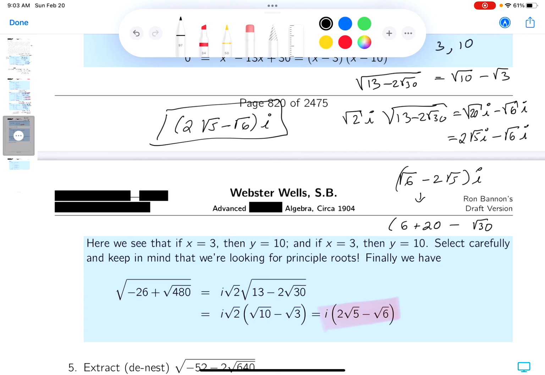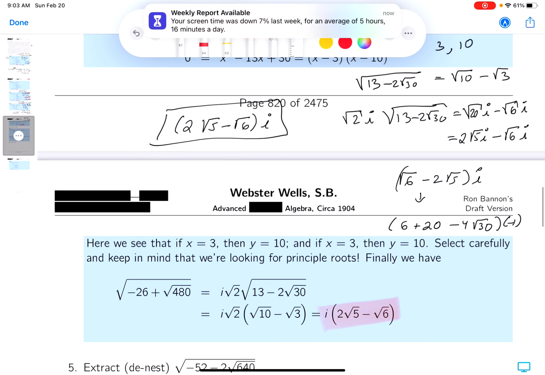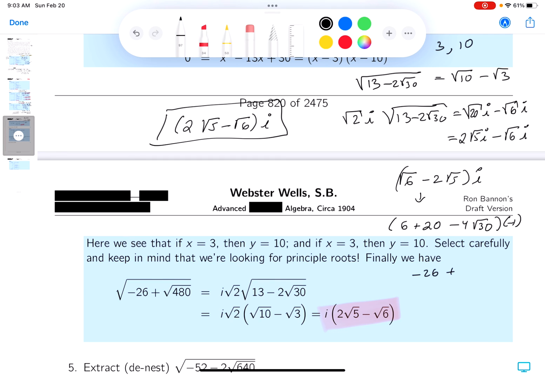And then, let's be careful about this too, root 30, I'll put a 4 there. And then i squared is just minus 1, all right? And what do you get over there? Well, you would get minus 26 plus 4 root 30. I'm going to write that a little differently. Minus 26 plus, well, that's going to be root 480. Are we getting back this over here? The radicand? Of course we are. By the way, this one squared is going to give you the same exact number, all right? This is the principal root, though.